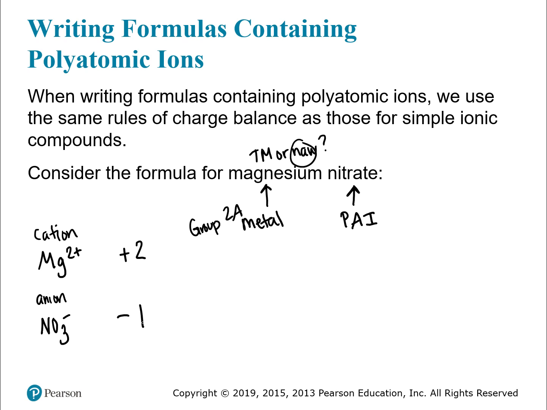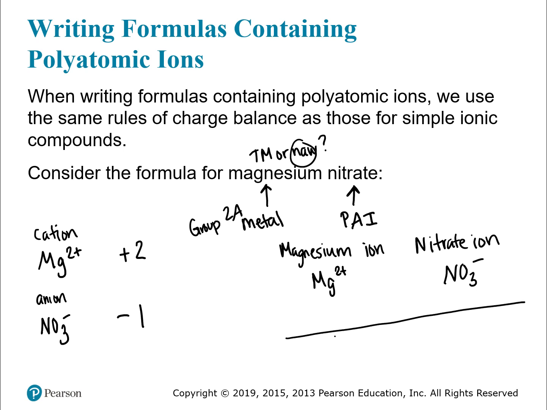That's not quite right. The way that your book shows the charge balance, I'll do that for you here. And then I'll go back and do the cross method. So we've got our magnesium ion. We've got our nitrate ion. If we were to total that up in terms of charge, it would be +2 and -1. No good, because our overall charge is not 0.